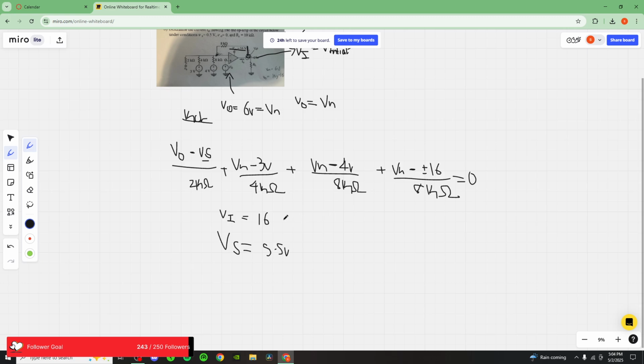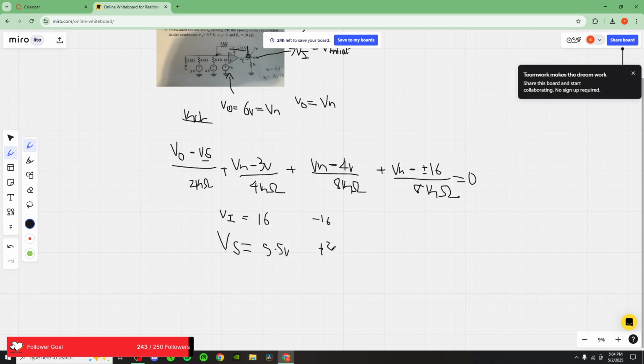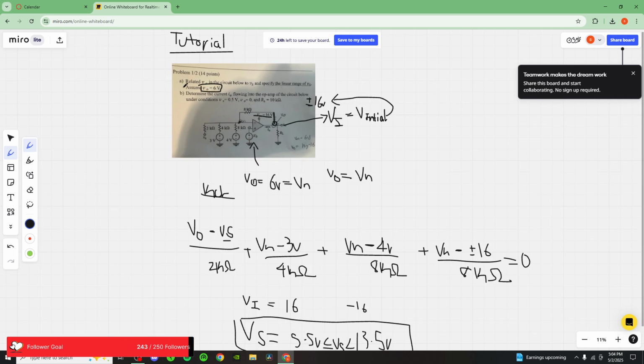And whenever it's negative 16, it should be 13.5 volts. Let me erase that and rewrite it. So it should be less than or equal to Vs, less than or equal, and this is your range right here. So that answers part A.